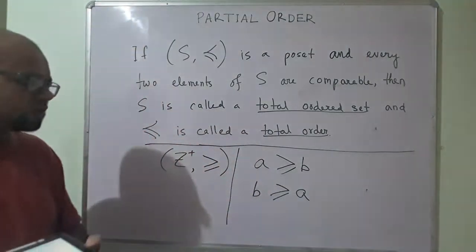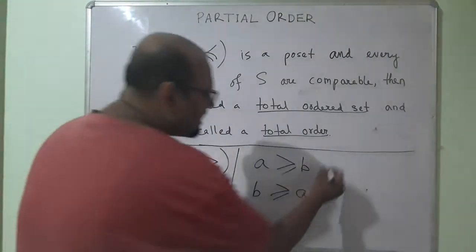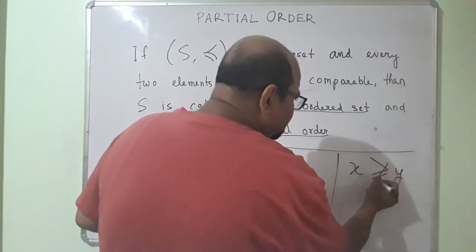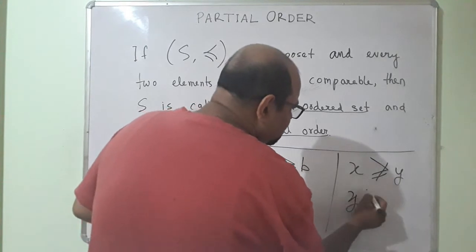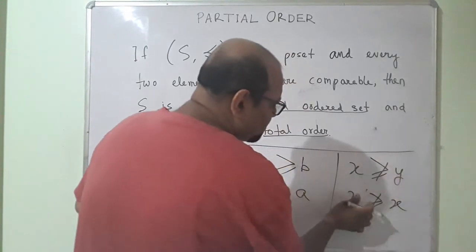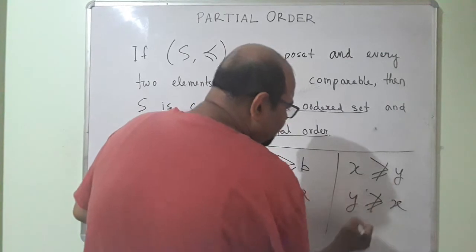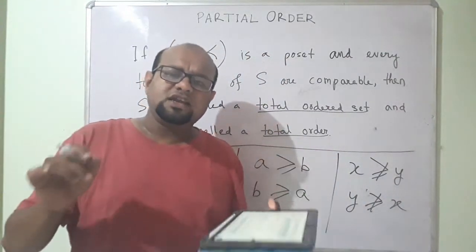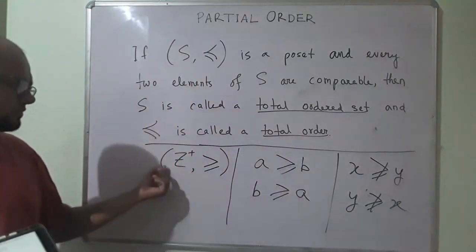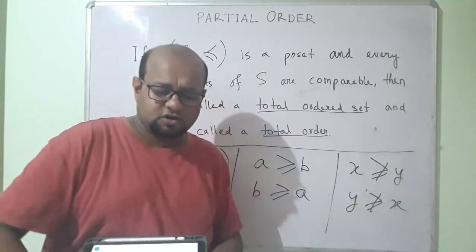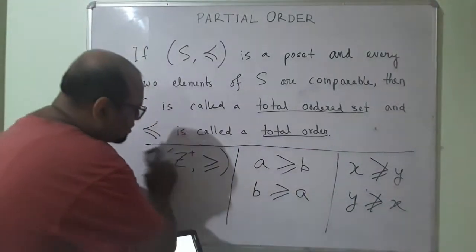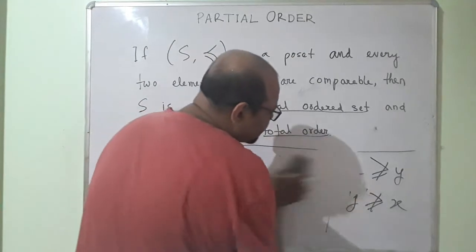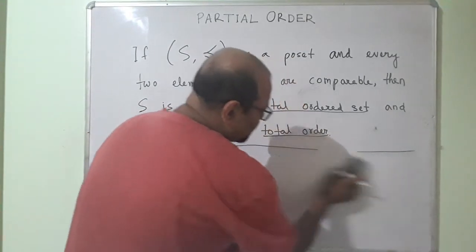It is not possible that I take any x and y such that x is not greater than or equal to y and y is not greater than or equal to x. Either x will be greater than or equal to y or y will be greater than or equal to x. So pick any two elements, they will be comparable. So this poset, the positive integers with this relation, is a total order.